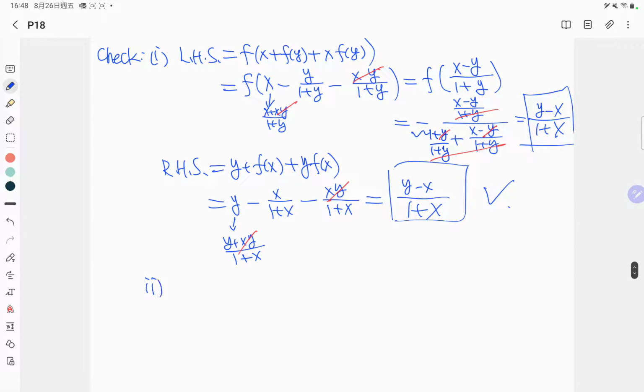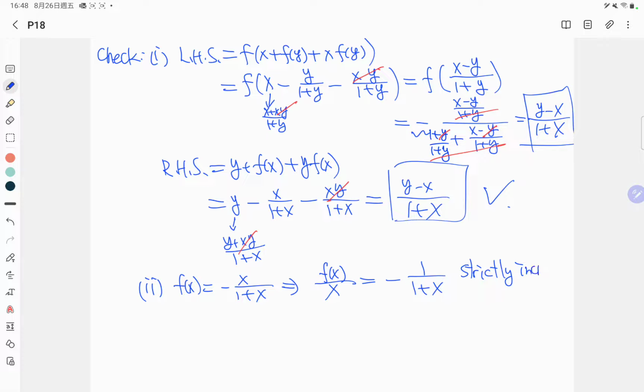For the second condition, as f of x equals negative x over 1 plus x, f of x over x equals negative 1 over 1 plus x. So this function is strictly increasing on the intervals negative 1 less than x less than 0, and also x larger than 0.